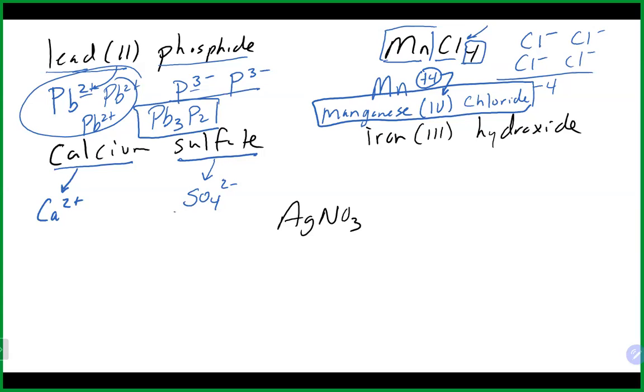So remember that all these guys stay together and the overall charge is -2. So really what we're putting together here is +2 and -2, which means we just need one of each of those in this case. We're balanced and we would have CaSO4.